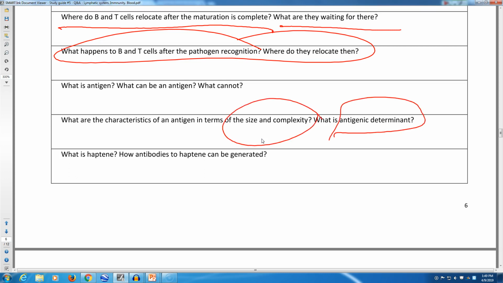Antigenic determinant is a fragment of that large and complex molecule that your immune system actually recognizes. Hapten is a small molecule that cannot produce an immune response by itself, but can if it is attached to a larger carrier.